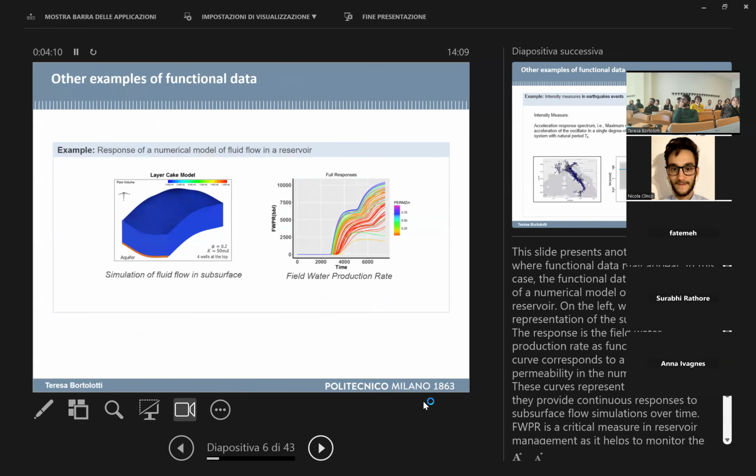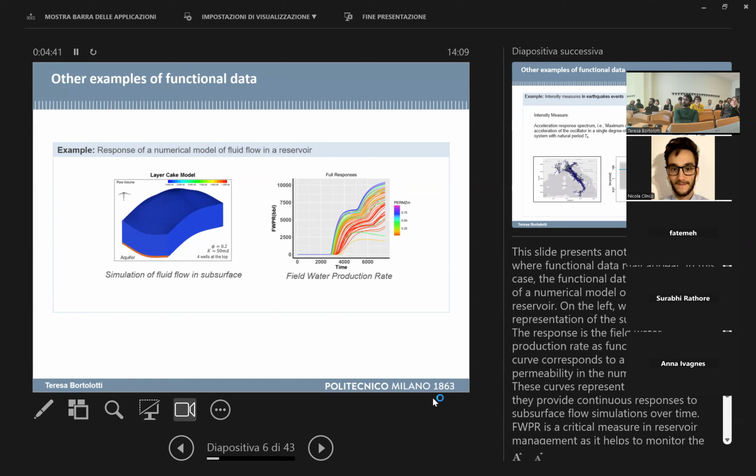Another example of functional data is this one, where you have a numerical model that simulates the fluid flow in a subsurface in a reservoir. The output of the numerical model is the field water production rate. These are the curves with respect to time of a quantity that is very relevant for assessing the performance of reservoirs.